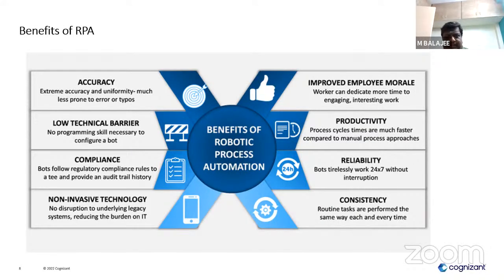So what are all the benefits of RPA? I already have 15,000 loyal employees working in my company, and they are doing their job well. Why do I need to go for RPA? Is there any specific benefit I get? One is accuracy: extreme accuracy and uniformity with zero errors.